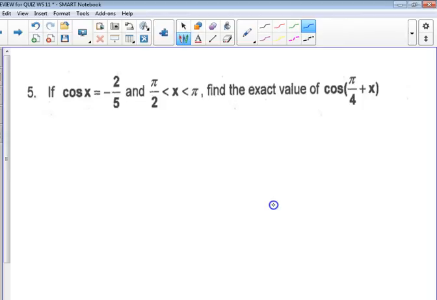All right. This is tricky. Let's not even read the rest of the question yet. Let's just look at this part. This is cosine of something plus something. Can you expand that?